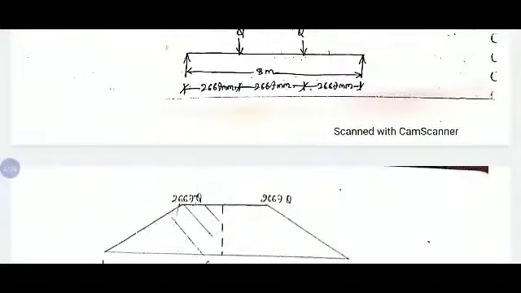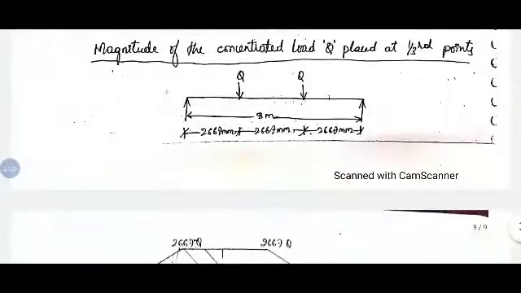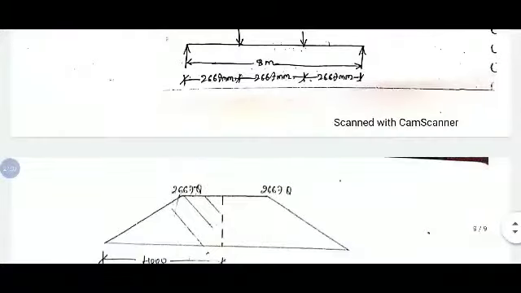So for that we need to find out. If we have 2 point loads at equidistance in the beam, the bending moment diagram will be in the trapezoid shape only.